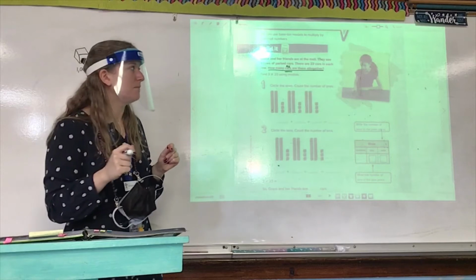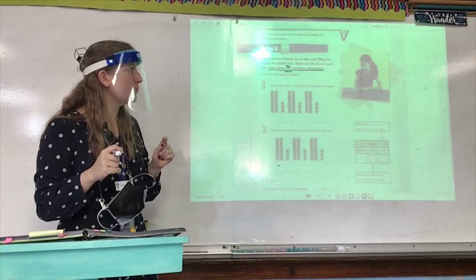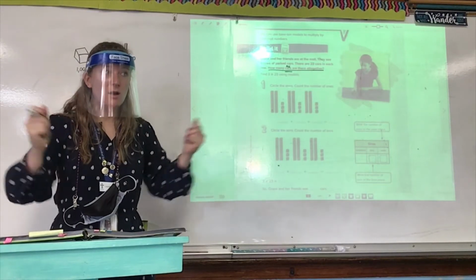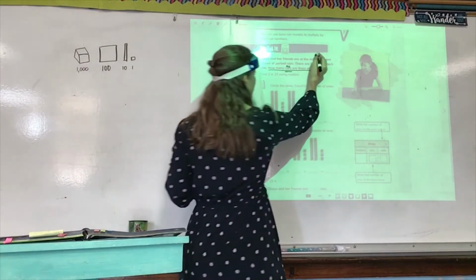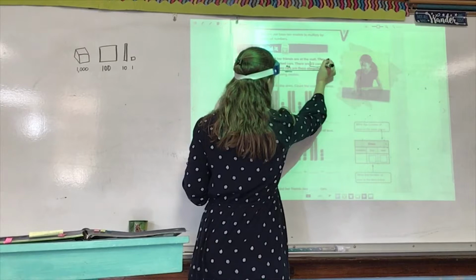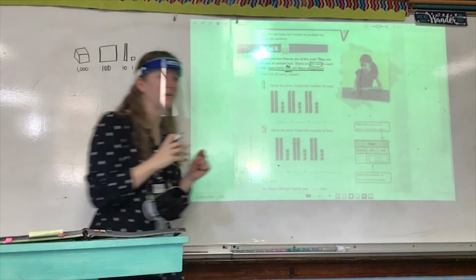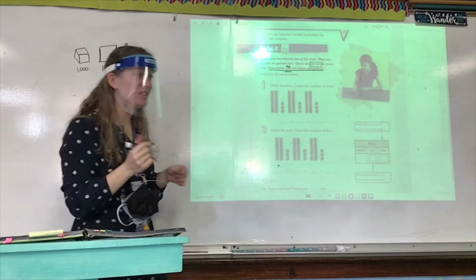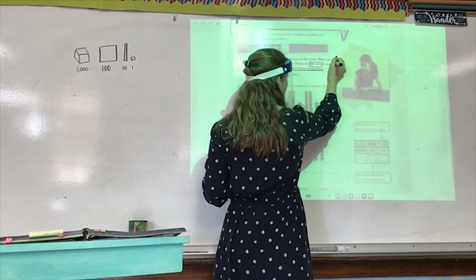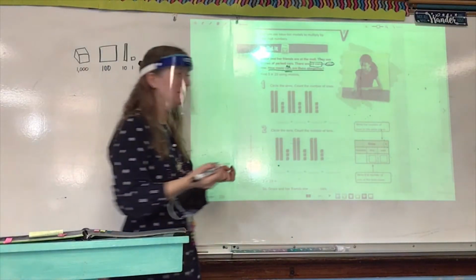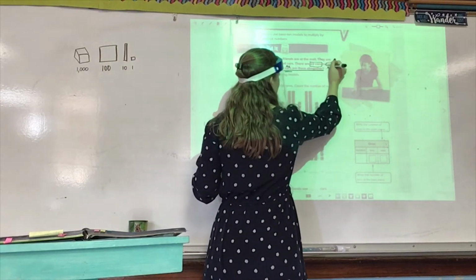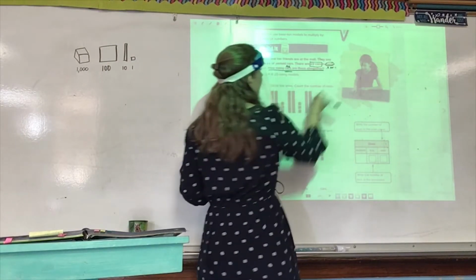So let's keep going. There are 23 cars in each row. Now I see my answer unit, cars, with a number before it. So I know 23 cars is going to be important. I also see the word each. Each always tells me I am multiplying or dividing.